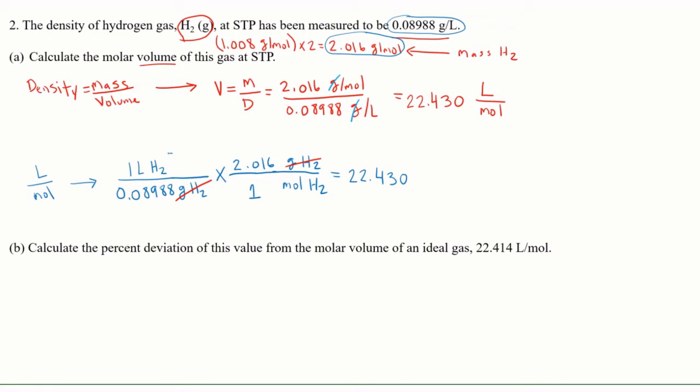The units: the numerator is liters of hydrogen, the denominator is moles of hydrogen. So we get the same answer, but using two different methods. Okay. Now, we determined the molar volume of hydrogen gas at STP experimentally.